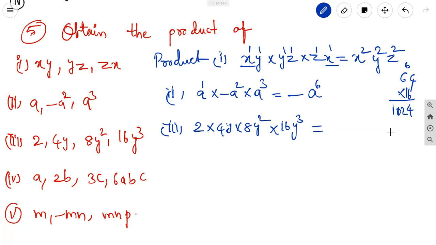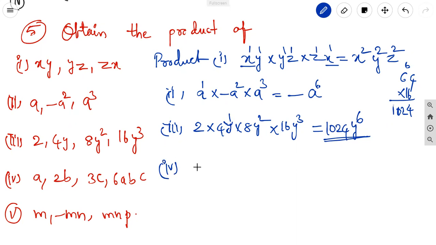Sorry, 102. 96 plus 6 are 102. That is 1024 y to the power of here 1, here 2, here 3. 1 plus 2, 3. 3 plus 3, 6. 1024 y to the power of 6.